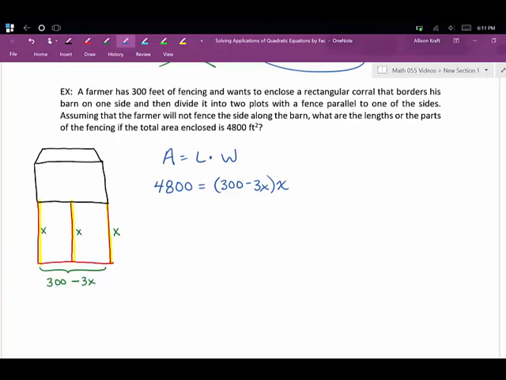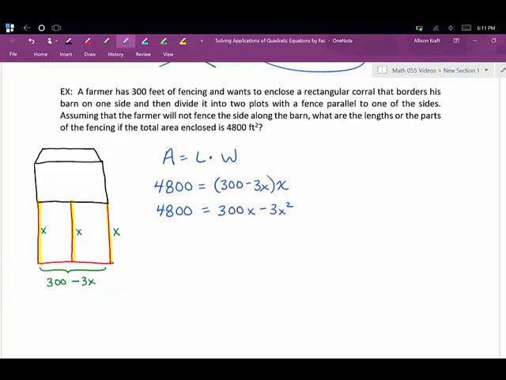I need to get this equation into a form where I can factor it. I'll start by distributing on the right side. Before I can factor, I need to set my equation equal to 0 and put it in descending order.